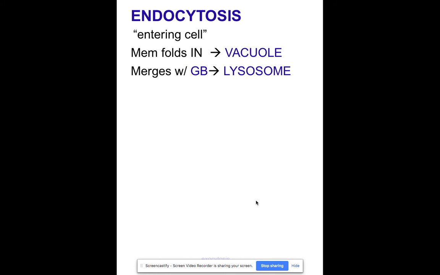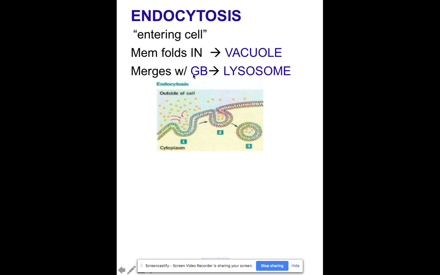What happens is you create a little vesicle, and the membrane folds in. This is how you create vacuoles. It's also how you sometimes create lysosomes. If your Golgi body has a protein that you don't need, the Golgi body can merge with the lysosome and have the digestive juices inside of it.